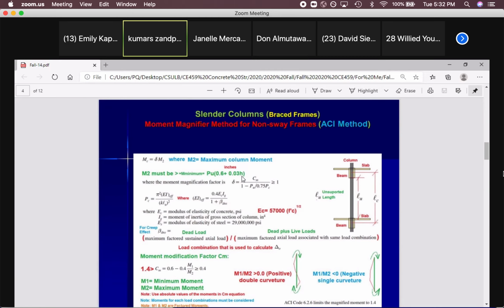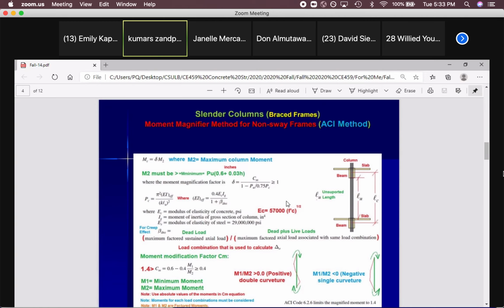What's the H? This H is the same as before, the dimension parallel to E. So we know this. We can calculate 0.6 plus 0.03 times H, times PU, and that's the minimum moment required, in kip-inches or pound-inches, because this is inches. If PU is in pounds, inch-pounds, or if kips, inch-kips.